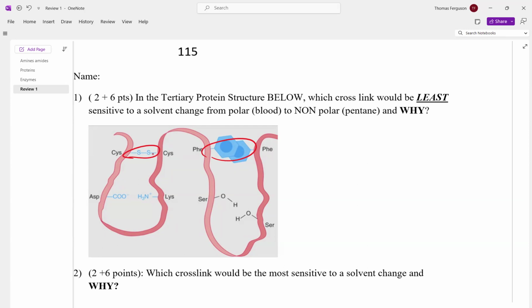Where I was going with this question was, which crosslink would be most susceptible to solvent change?